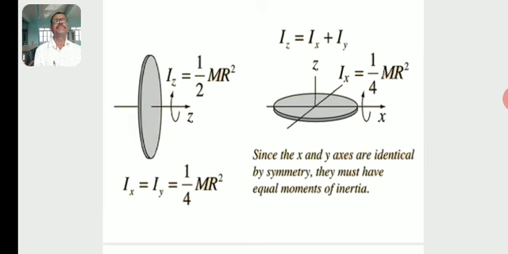Suppose Ix plus Iy, we know that Iz is equal to half m r square, then Ix is equal to Iy is equal to 1 by 4 m r square.